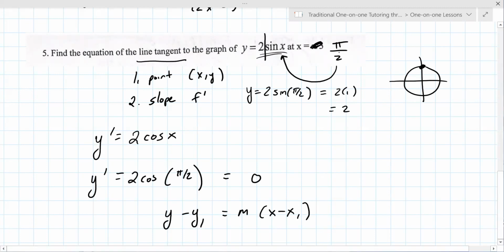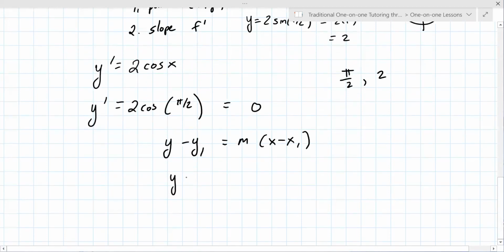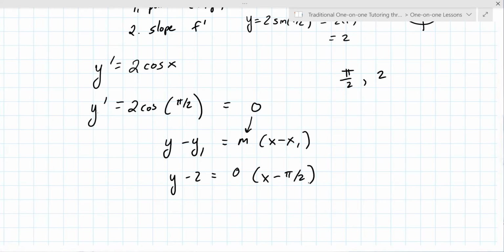So your ordered pair is x equals pi over 2, y equals 2. So it's y minus 2 equals, but what's the slope? Slope comes from the derivative. So it's 0. Oh, our x value is the one they give us. I see. Yes.